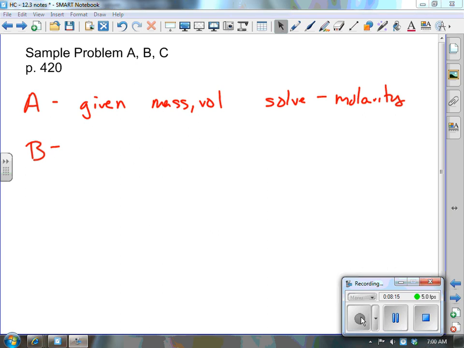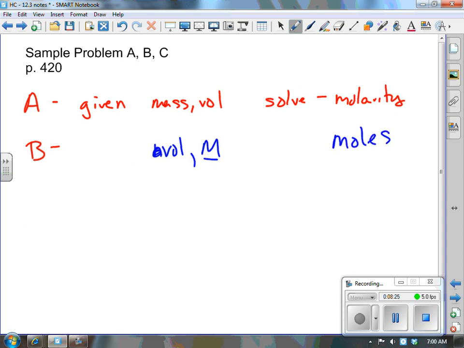In B, we're given volume and molarity, and we're asked to solve for moles. In part C, a little twist to the problem, you're given a mass, a volume, and a molarity.